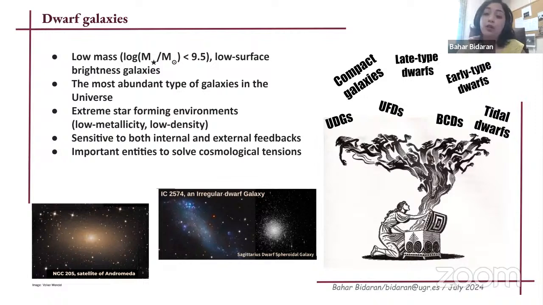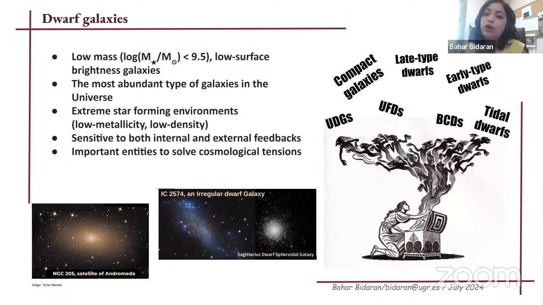They have low mass, so this makes them prone to environmental and internal feedback. So this is also an important aspect of understanding galaxy evolution in different phases. And also they are important entities to solve some of the cosmological tensions that we have between observations and simulations, for instance, the too big to fail problem and so on.